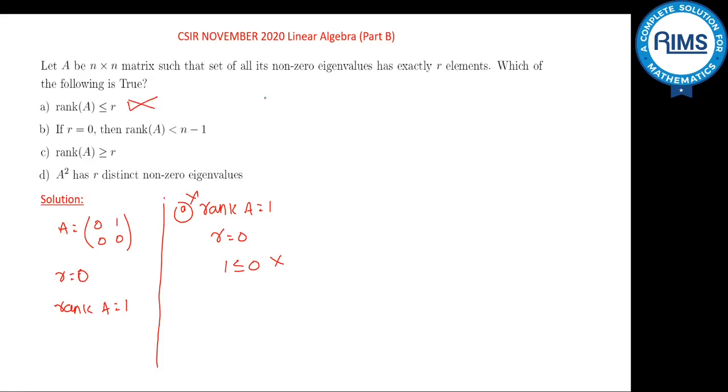Now consider option B. If r equals 0, then rank of A is less than n minus 1. Here rank of A equals 1, and I chose capital A as a 2 by 2 matrix, therefore n minus 1 equals 2 minus 1 equals 1. 1 less than 1 is not possible, therefore option B is also false.